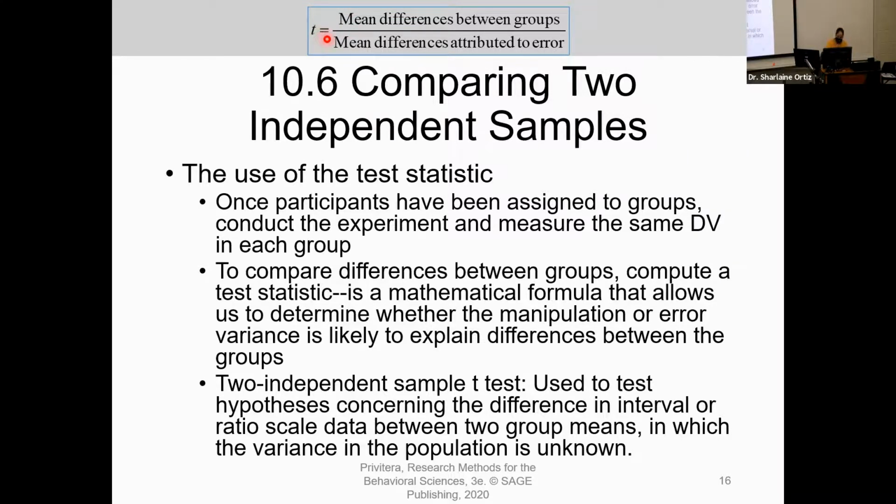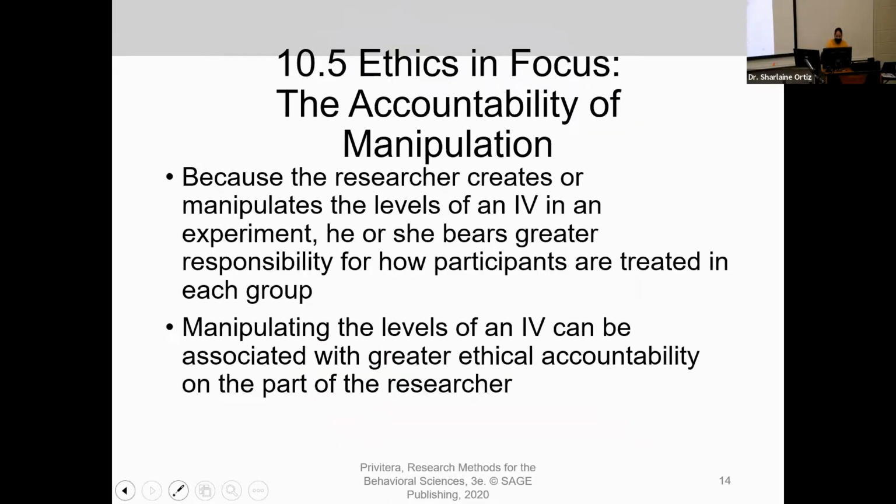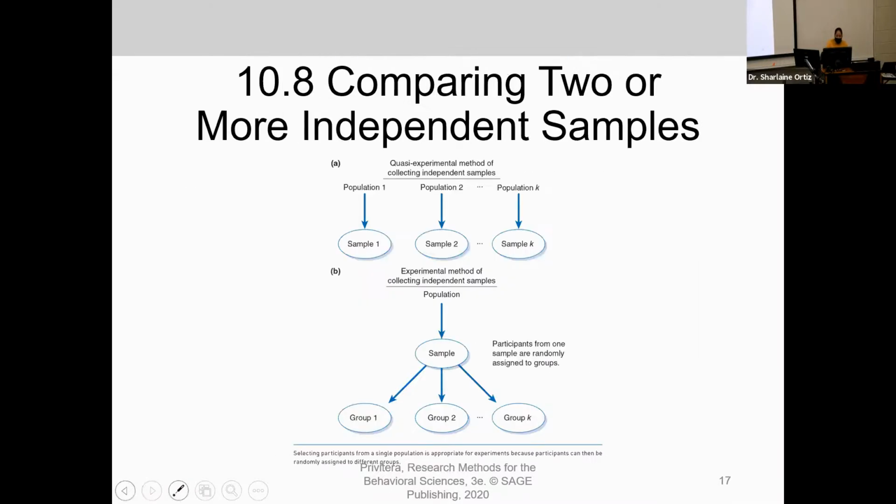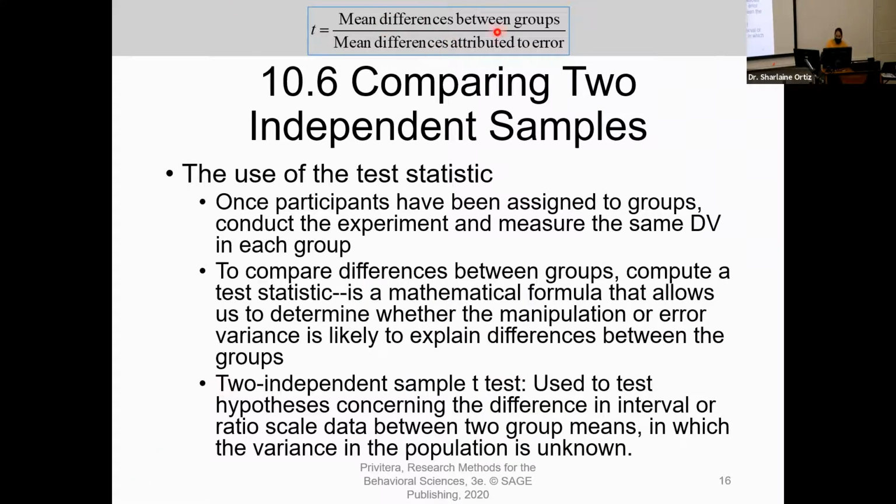Let's say I have a difference of 3, and I believe that's the difference that we had earlier. So there was a 3-point difference in that treatment, and that is what we would find at the numerator.